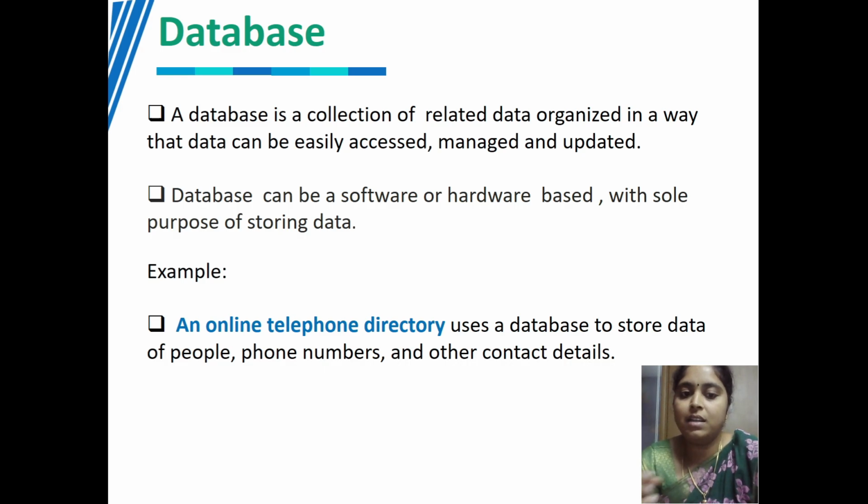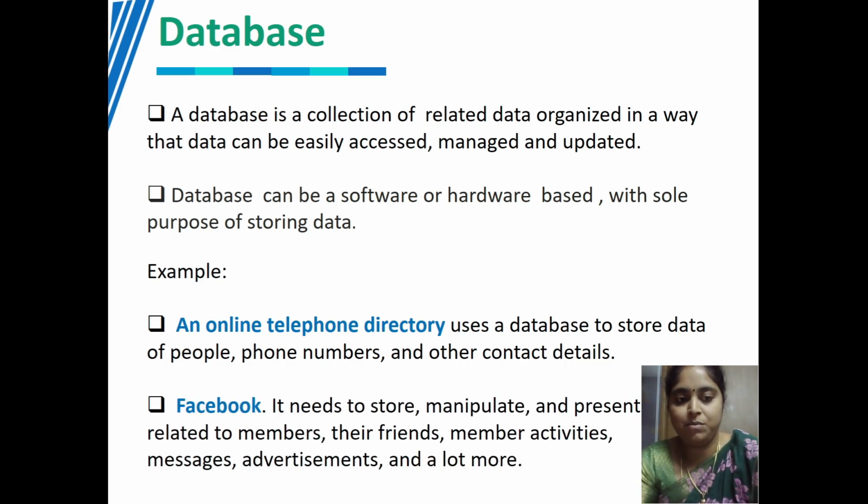It has the phone numbers of people, and that phone number is data. So the online telephone directory is a database. Another example is Facebook. Everyone uses Facebook, right? It needs to store and manipulate present data related to members and their friends, activities, messages, advertisements, and a lot more. So Facebook is a database.